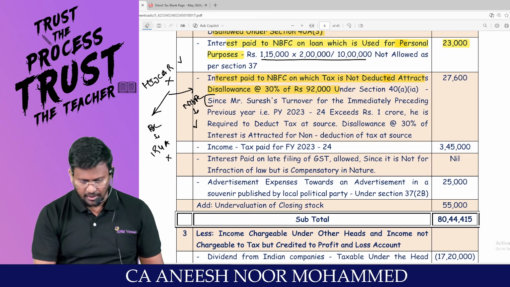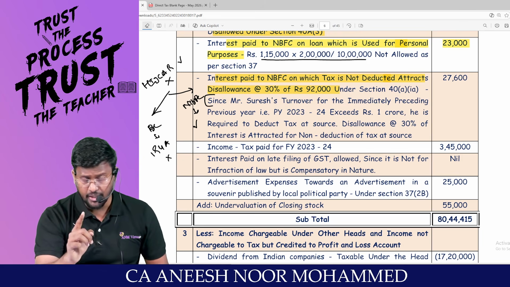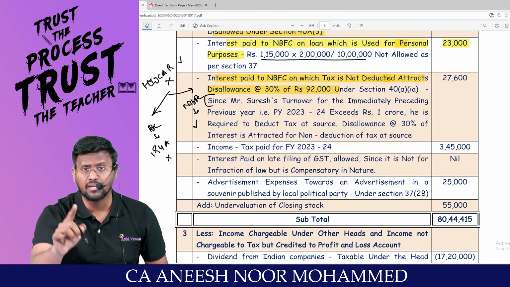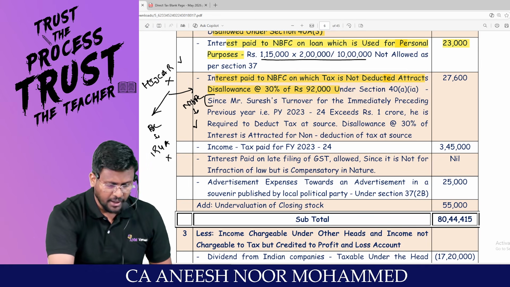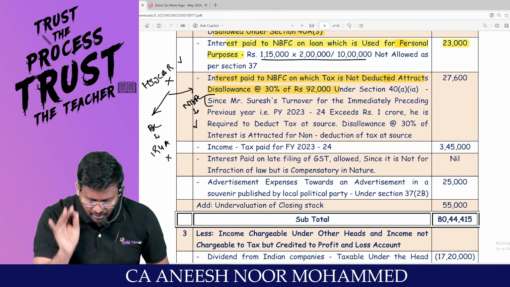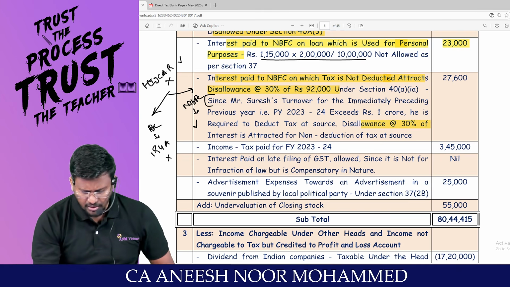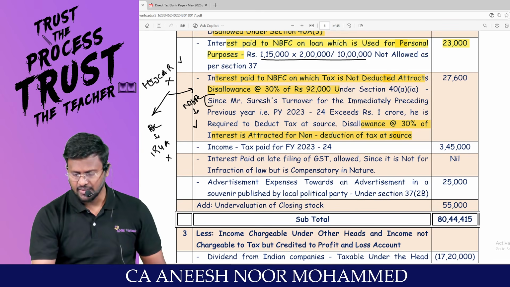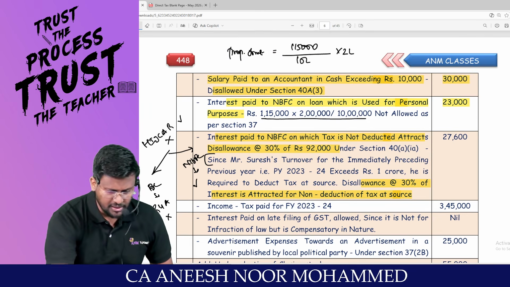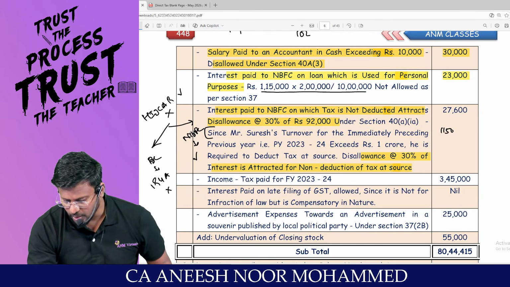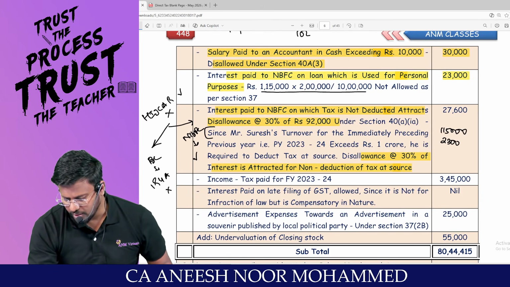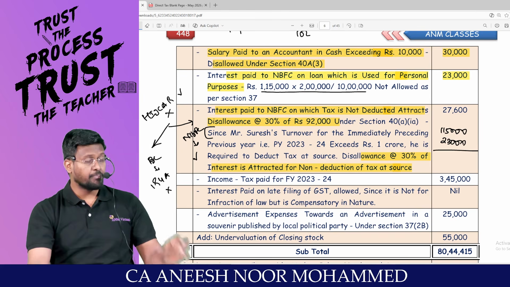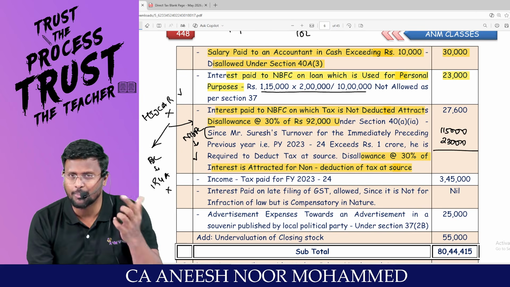Super fantastic, sir. So you have to specifically check in exam whether the interest has been paid to a banking company or NBFC. NBFC means TDS is mandatory. Disallowance at 30% of the interest is attracted for non-deduction of TDS. That means what is the total interest? 1,15,000. Out of that, 23,000 has to be fully added back because that interest is attributable to personal purpose.